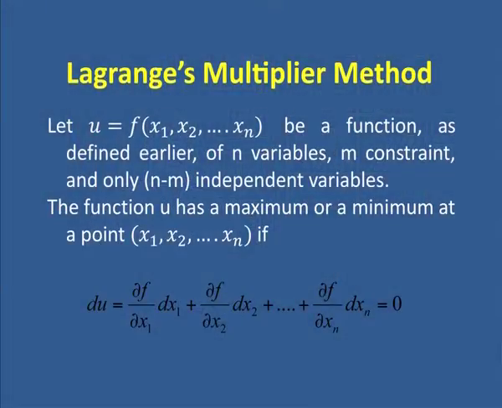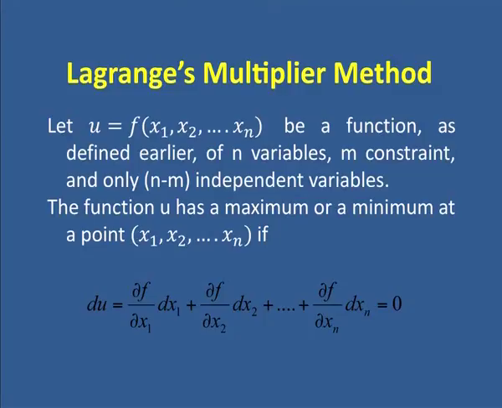Let u be a function of several variables, that is, an n variable function f x1 x2 and so on up to xn, as defined earlier, of n variables. There are m constants and only n minus m independent variables.